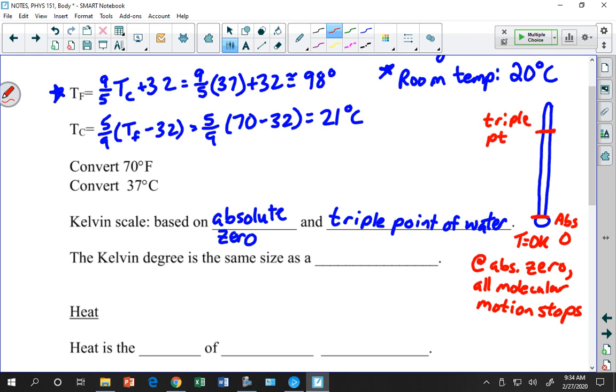The triple point of water is where water exists as a vapor, as a liquid, and as a solid all at the same time.